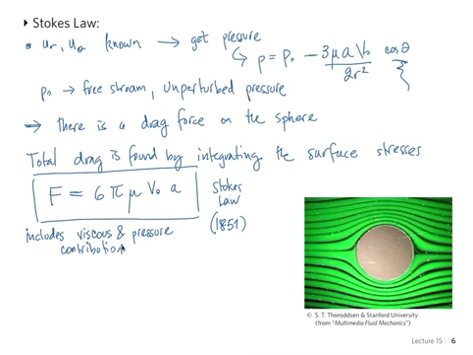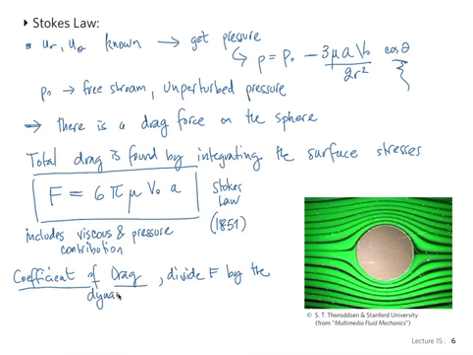But you might be familiar with the concept of a coefficient of drag, where basically you take the drag force and divide it by the dynamic pressure, which is 1/2 rho V squared, V0 squared in this case, and by the projected area in a plane normal to V0.